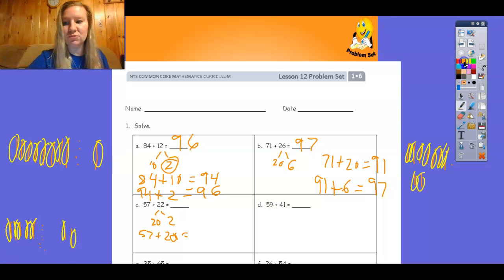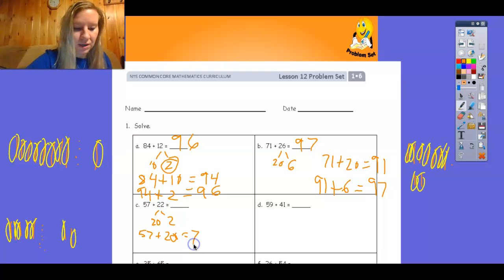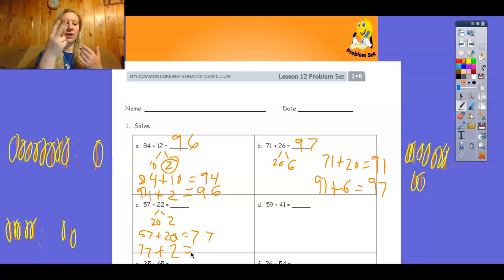I have 7 groups of 10 now. And I still have my 7 ones there, so now I have 77. I'm going to say 77 plus 2 equals, and I'm just going to count up. So I'm going to have my 77 and my 2, 77, 78, 79. So my answer is 79. I'm just going to circle that so you can see it.